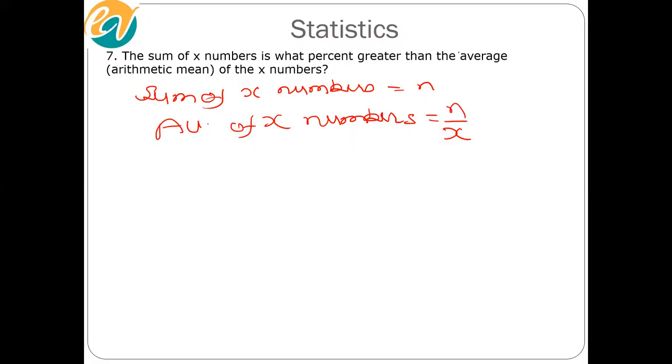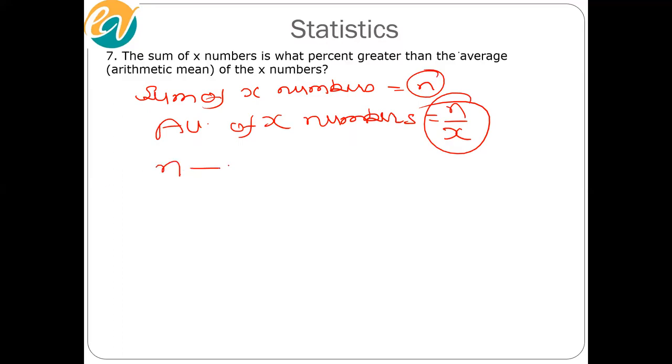Now, the question is just asking you that sum is greater than the average by what percent? Please do remember, and we did discuss earlier also, that whatever is than, that should come in the denominator, right? So what would be the answer? How do you calculate that?